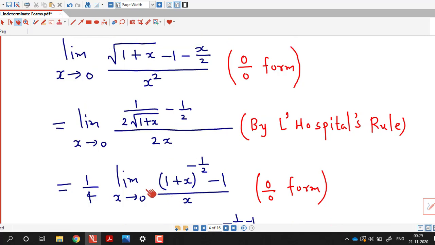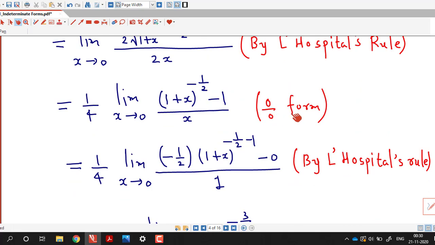Now we again check by taking x equal to 0. So if we put x equal to 0, we have 1 plus 0 raised to minus 1 by 2, that is 1, minus 1 which is 0, and here there is a x, so it is 0 for x equal to 0. So this is again 0 by 0 form, so we have to again apply L'Hospital rule.